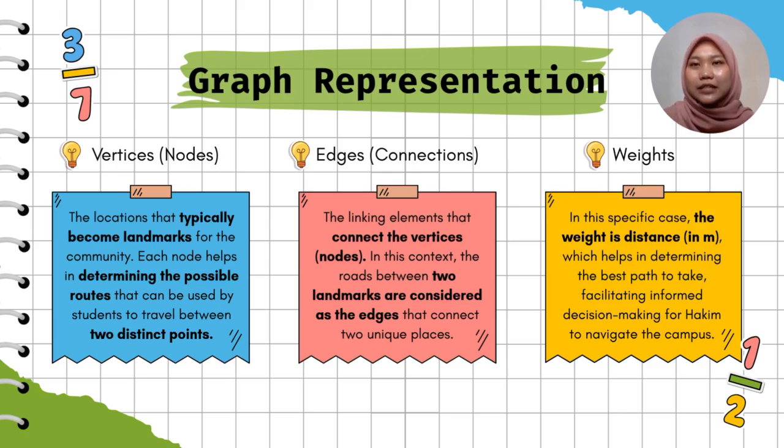The next one is edges, or connections. The edge represents a road that connects two locations with each other. And lastly, weight. I represent all the distances in meters, and this allows us to visualize all the possible paths from the starting point to the destination.